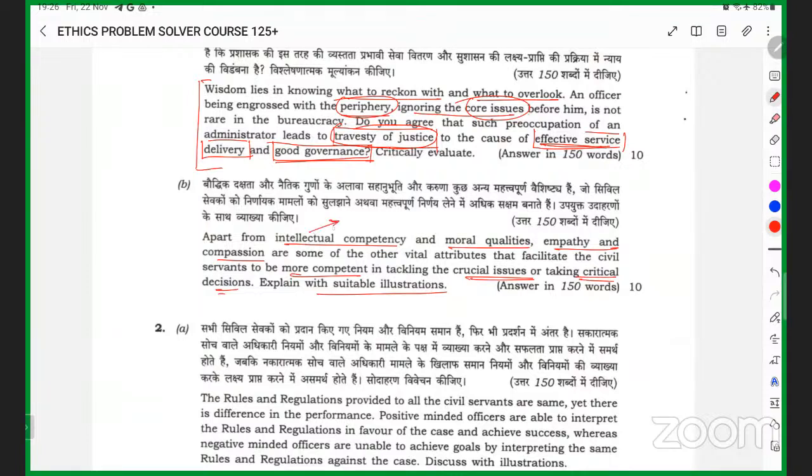Basically, here it is talking about intellectual competency, which is aptitude, and moral qualities, which is attitude. Now, these two things have to be interlinked with empathy and compassion in situations which are crucial and which require critical decisions. Again, the number of variables has increased, making it a bit difficult to write the answer.